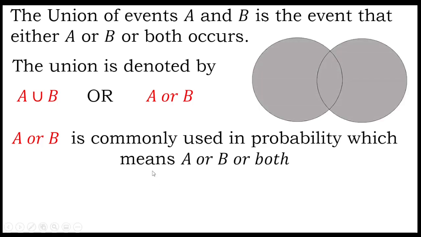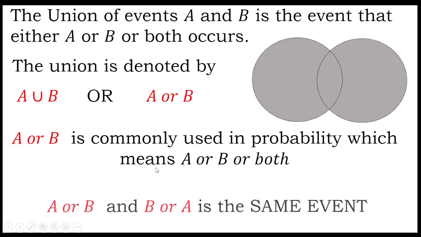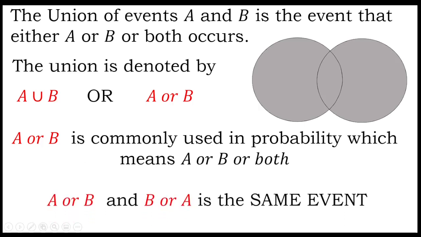Now, remember that this is the illustration of a union of two events in Venn diagram. Another thing, A or B and B or A are just the same event. So, you may write down A or B or B or A. Either way, they have the same result.